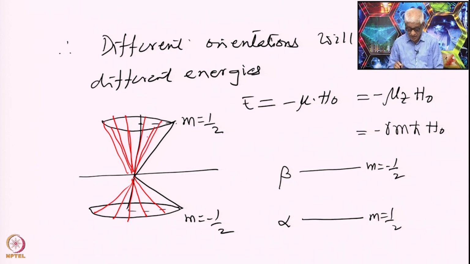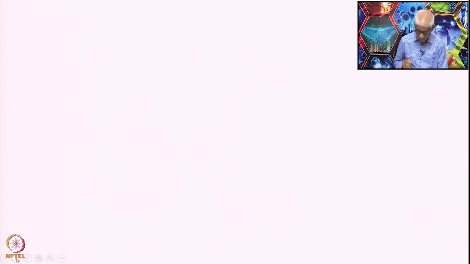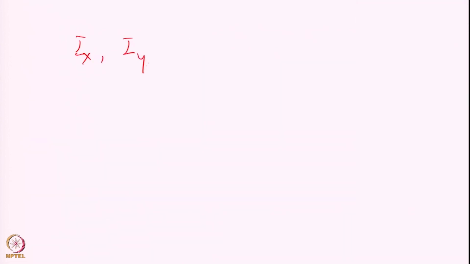Which means they will all be distributed on the surface of the cone in a random way. Okay. X and Y components are not well defined. Ix, Iy are not well defined.